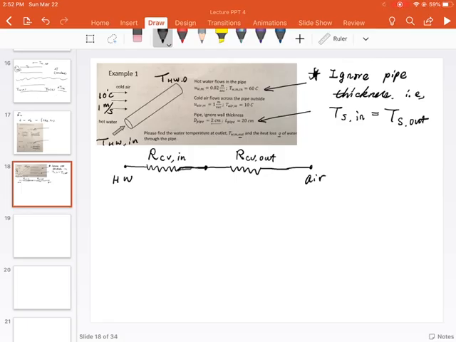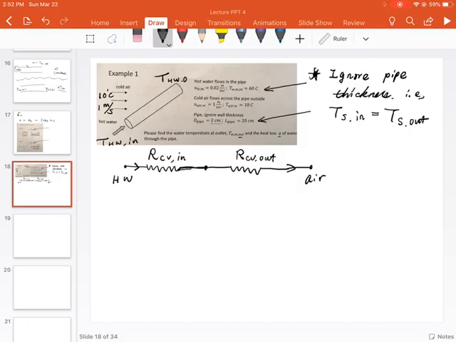All right, then from this circuit, we know that the heat is going from the hot water to the air.